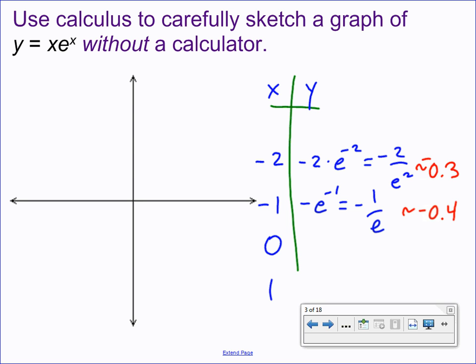At 0, my original function y is 0 times e to the 0, which is 1, 0 times 1 is 0. At x equals 1, my original function is 1 times e to the first, which is e. That is about 2.7. I know that one.